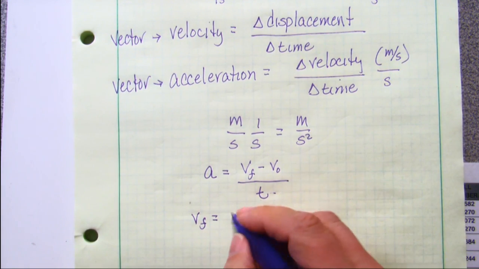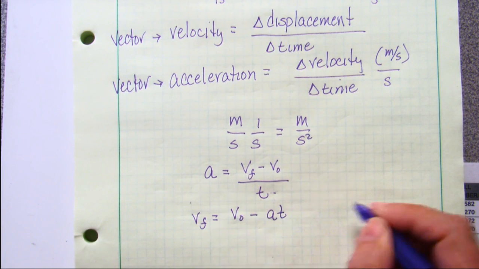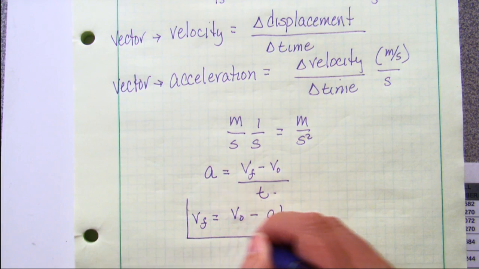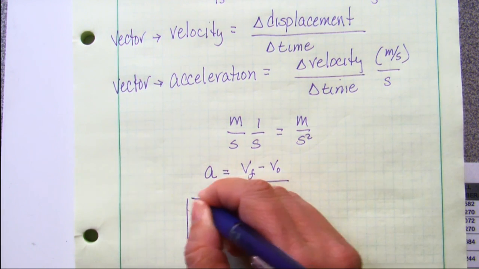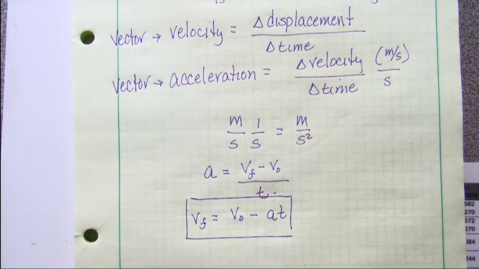I get velocity final is velocity initial plus acceleration times time, and this becomes another tool in my toolkit.